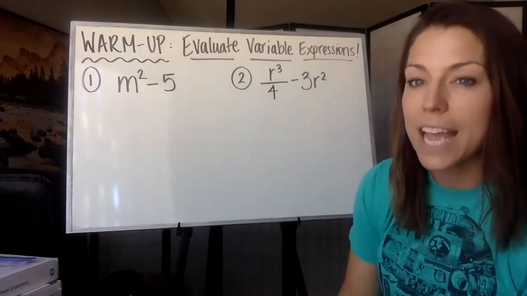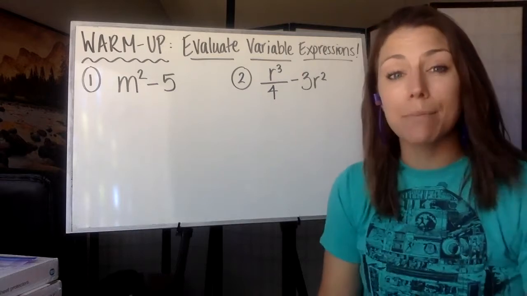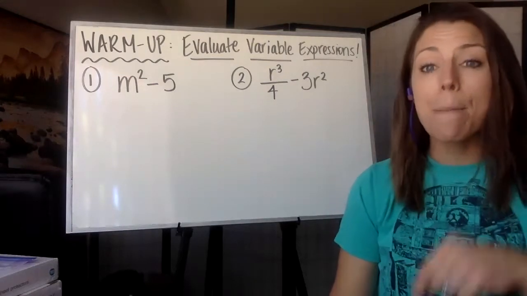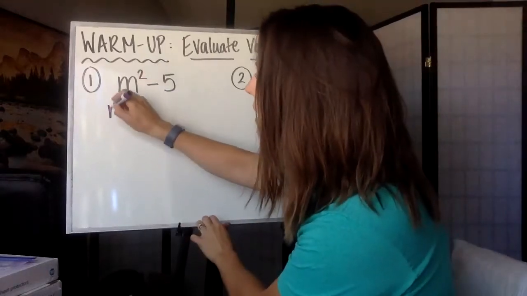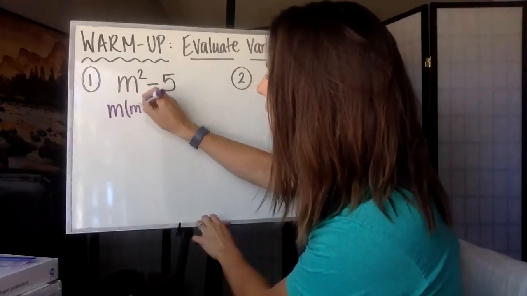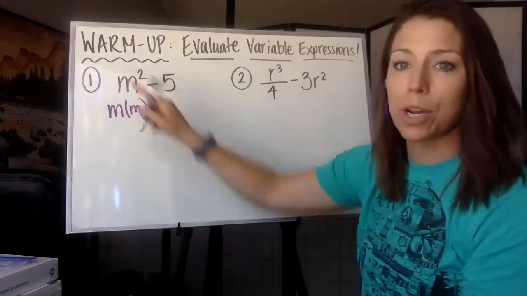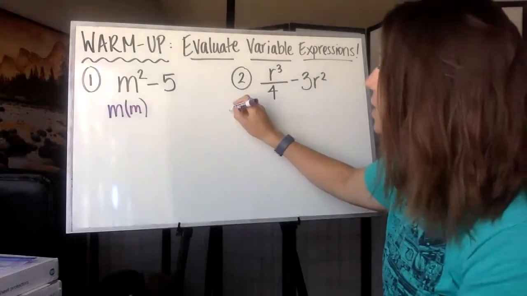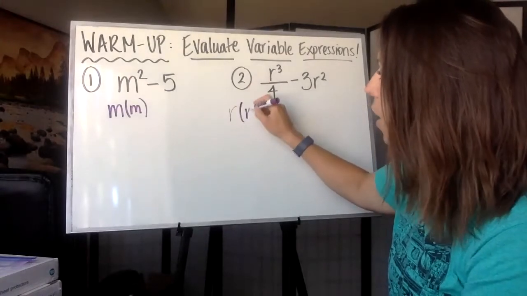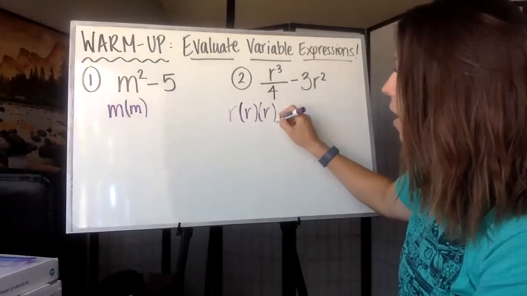If you remember, the exponent is telling us how many times we're going to multiply m by itself. So m to the power of 2 means m times m. 2 times we're going to multiply m. R to the power of 3 means r times r times r.